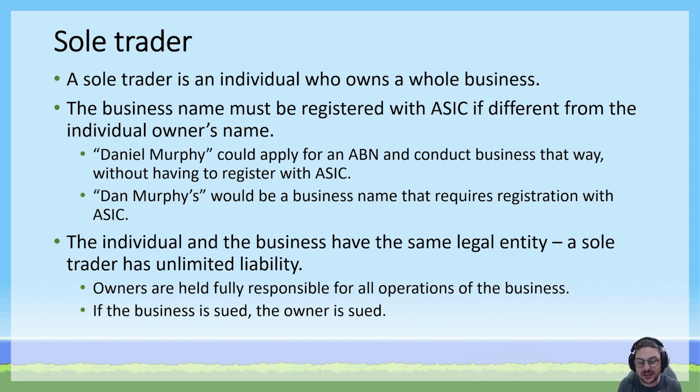However, and this is unique to sole traders, if he wanted to open a business that just used his name, if his bottle shop was going to be called Daniel Murphy, then he wouldn't need to register that business name with ASIC. In the case of every other business type we're going to talk about today, they all have to register their business names. They don't have that option.